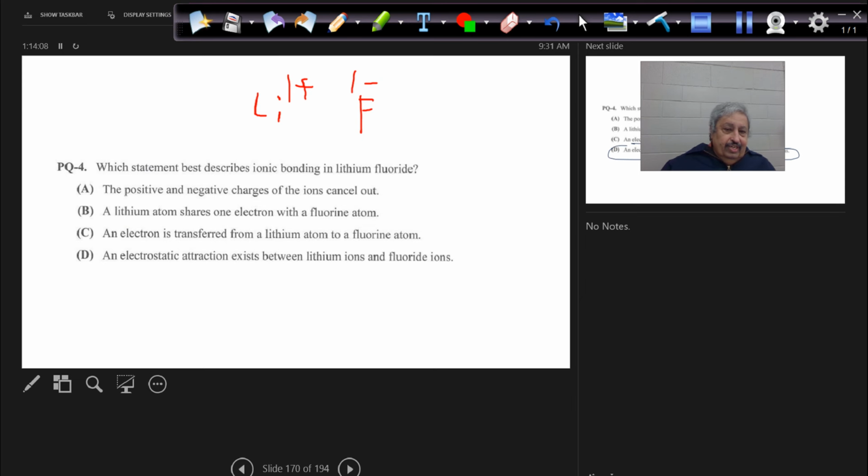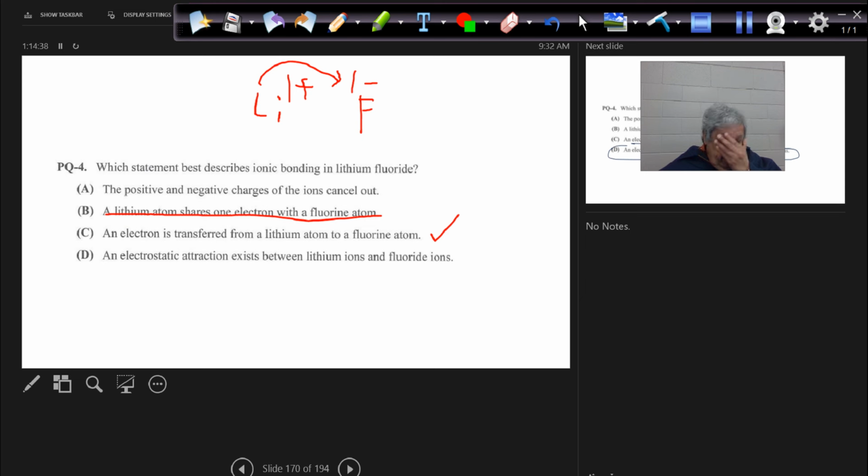So the positive and negative charges of the ions cancel out. Lithium atom shares? It is an ionic compound, so you can eliminate this. That's not true. There's no sharing. The lithium will give its valence electron to the fluorine. Electron transfer from lithium to a fluorine atom. That's correct.